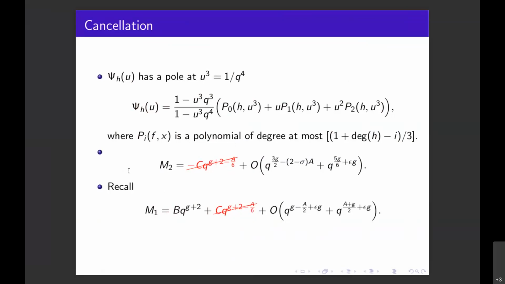For m1, this term of size q to the g minus a over 6 comes from the tail of some Dirichlet series. In the case of m2, it comes from evaluating averages of cubic Gauss sums. So we get this cancellation between m1 and m2, and then all the other error terms are suitably small. So we get our asymptotic formula.